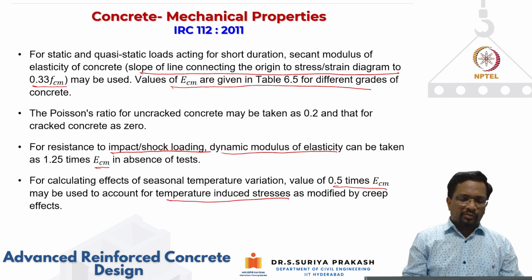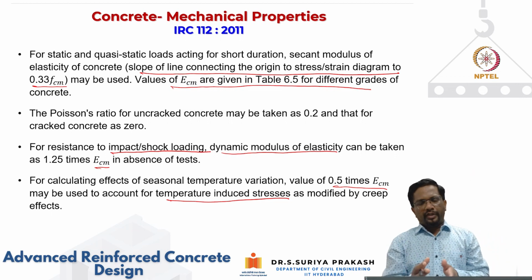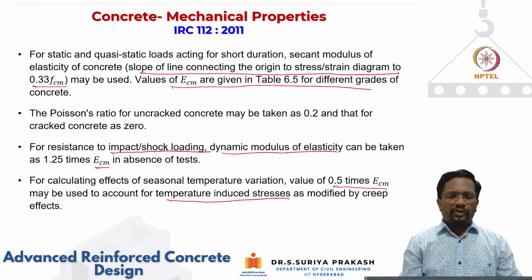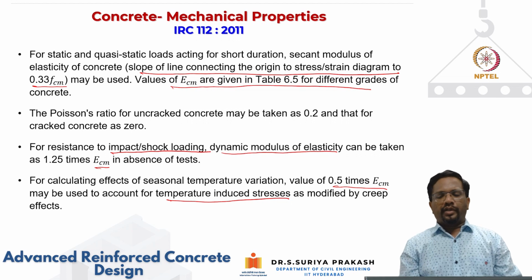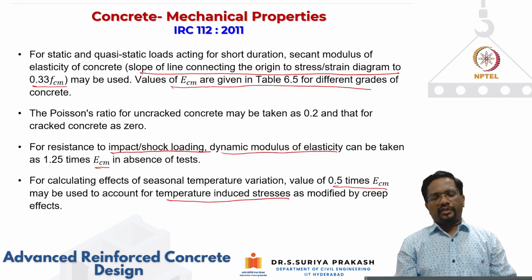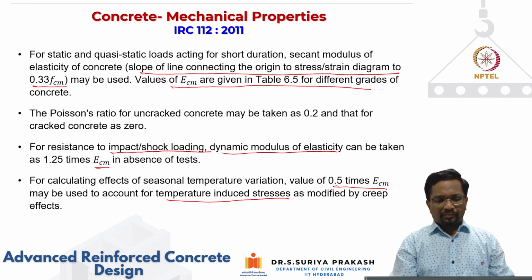As we will discuss about the creep effect, creep is going to soften the material, so the elastic modulus will reduce. So if you have to include these effects, the code is saying that you take half the ECM that is specified for your static and quasi-static loads that we have discussed previously.